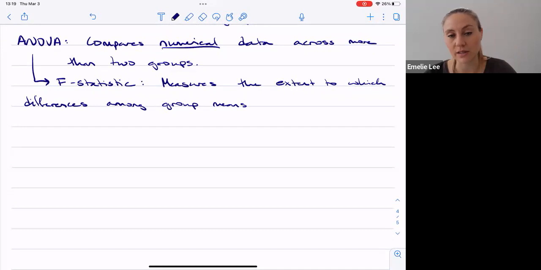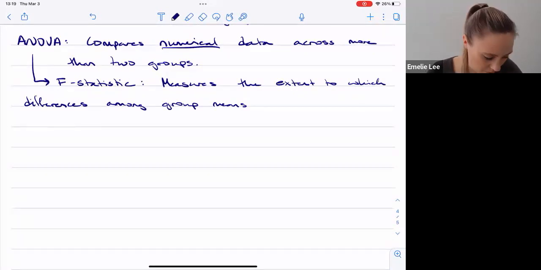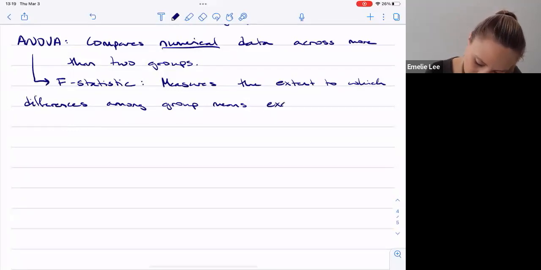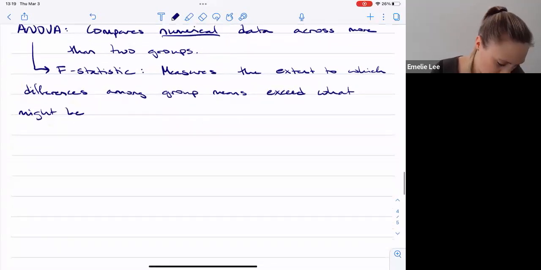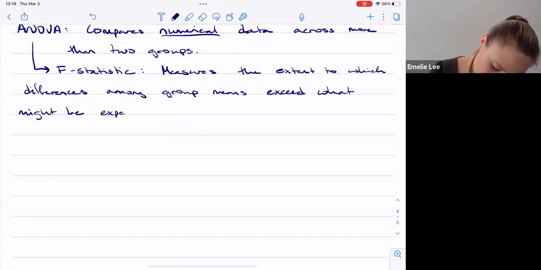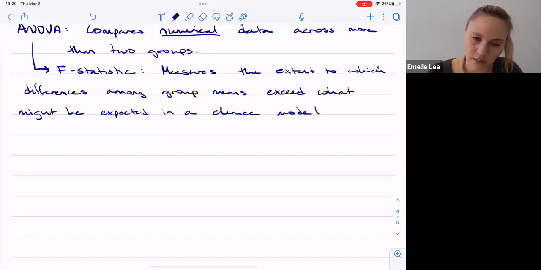Now, a chance model is the hypothesized, the null hypothesized model. So it measures the extent to which differences among group means exceed what might be expected in a chance model, right?